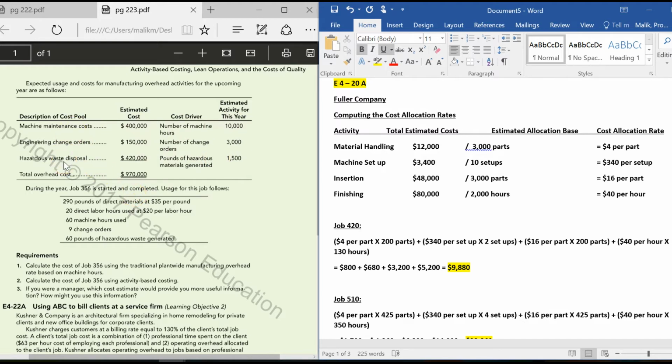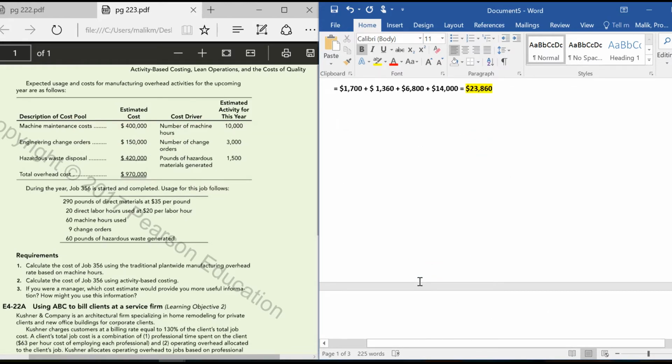We will figure out 3 rates. So let's use this table and calculate the rates for every activity. I'm going to do the same type of table.